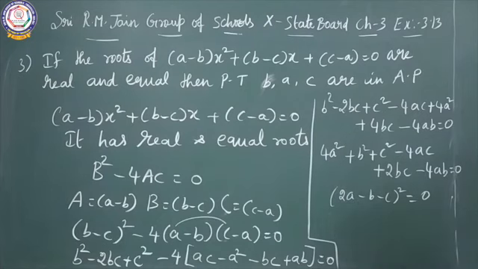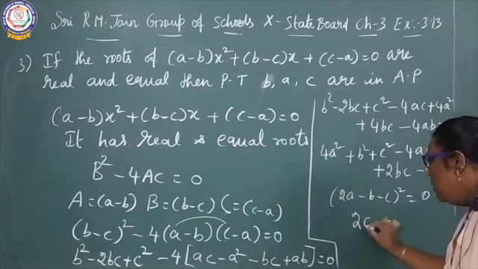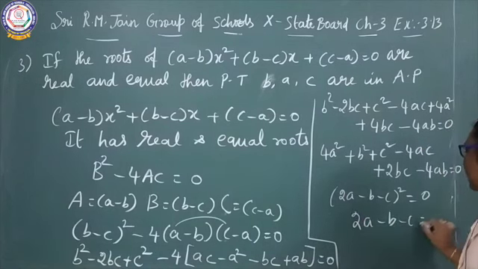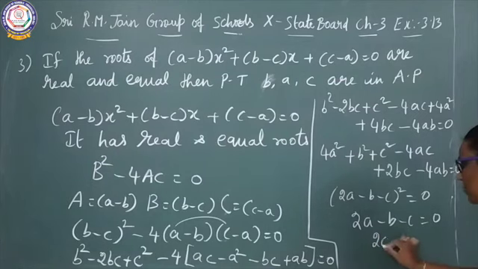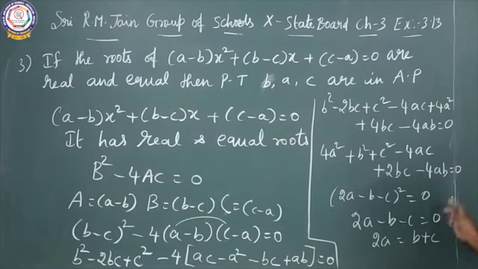Taking square root on both the sides, what is the answer you are getting? 2a minus b minus c equal to 0. Therefore, 2a equal to b plus c. You can bring it to this side, it becomes positive: minus b becomes positive and minus c also. a equal to b plus c by 2.